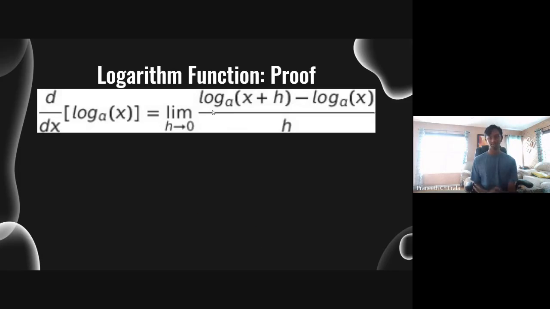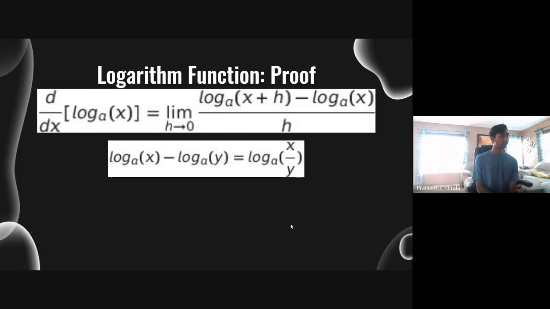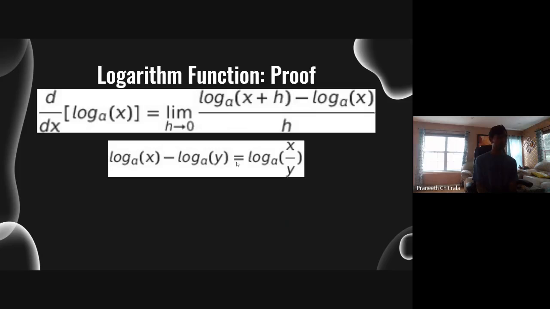So now let's prove the derivative of log base a of x. We have this limit here. Let's go over some facts again. If we have a difference between two logarithms with the same base a, then log base a of x minus log base a of y is just log base a of x over y.